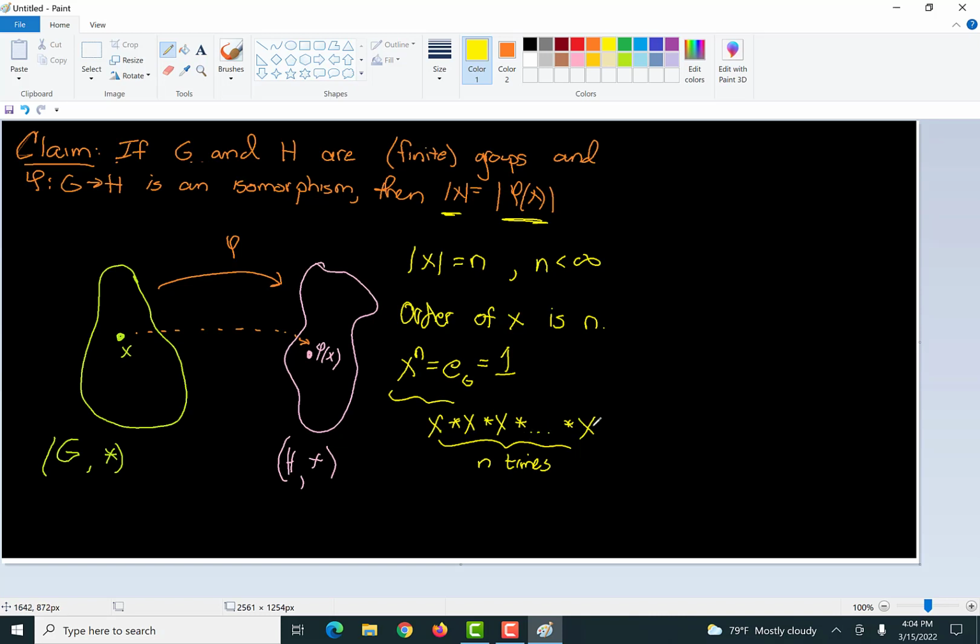If I do that n times, that's what's giving me the identity. So that's the first property of being order n. So X is order n if X to the n equals 1. And very important, n is the smallest power that will do this.